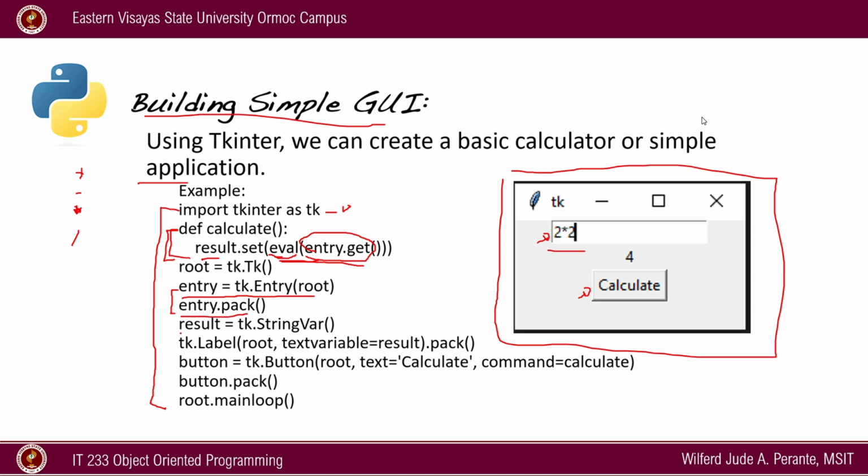The variable result is equal to StringVar, which creates a variable to hold the result of the calculation. So the result will be displayed in a label widget.